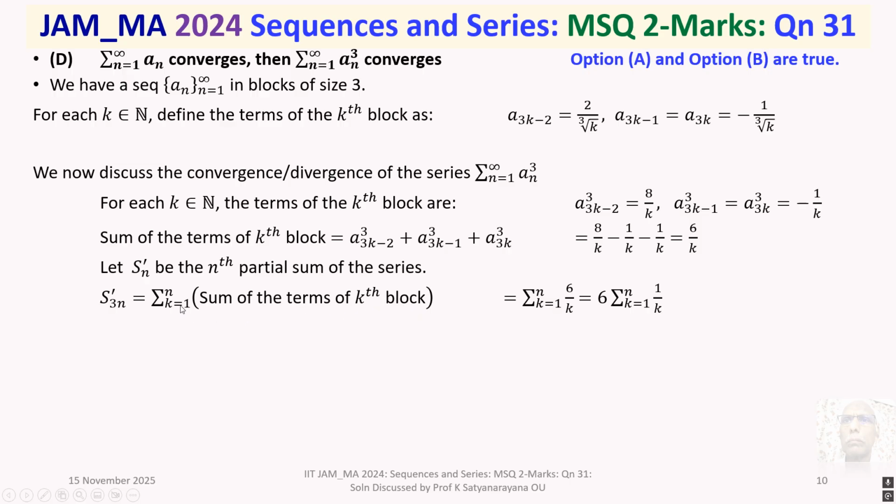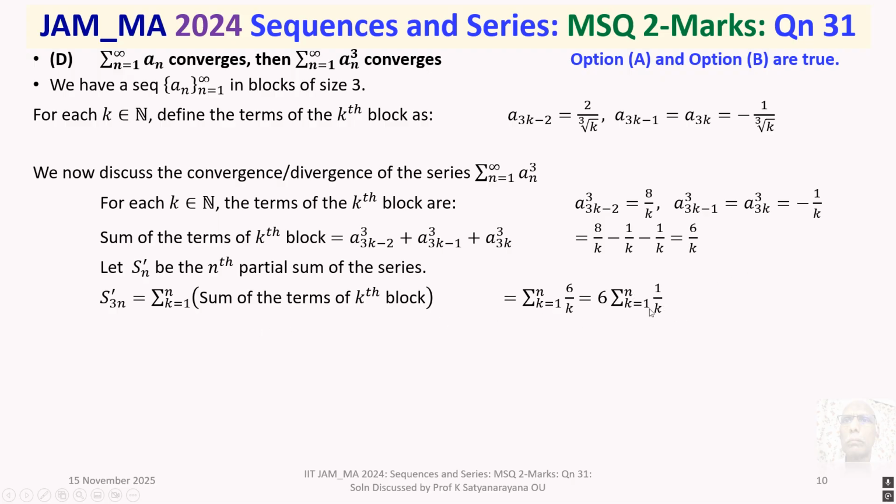Three elements, and the sum is taken from k equals 1 to n. So it will be the sum of 3n terms. In each block, the sum is 6 by k, so that is 6 times sigma k equals 1 to n, 1 by k.